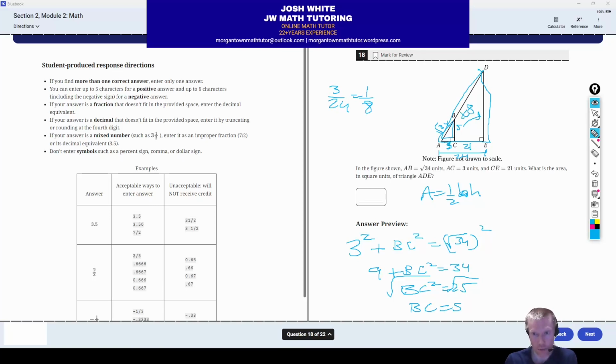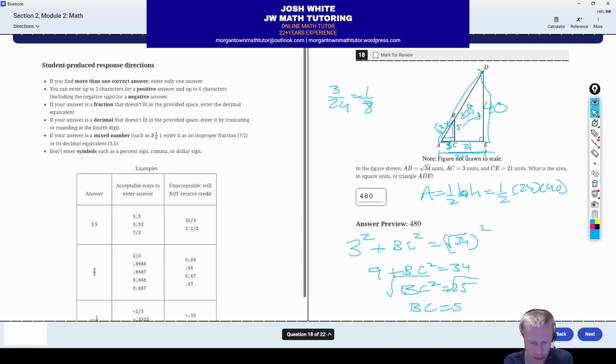Because small triangle is 3, large triangle 24, times 8. So this side will be 40. So the area is going to be 1/2 times 24 times 40. That just comes out to 480. And that's going to be your correct answer.